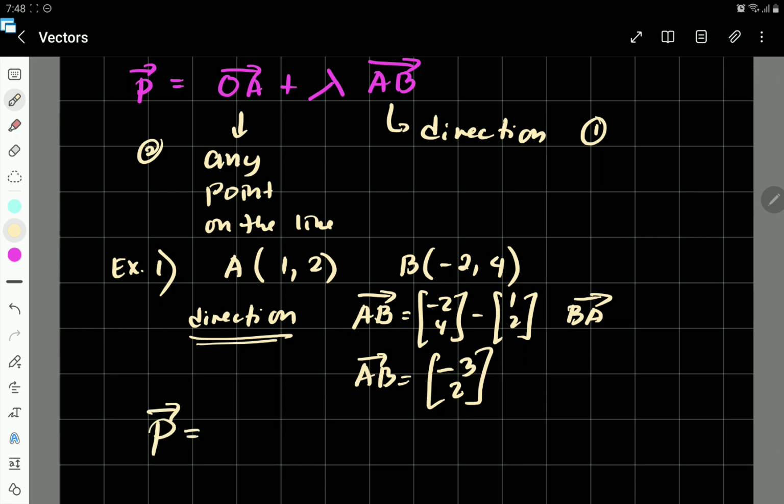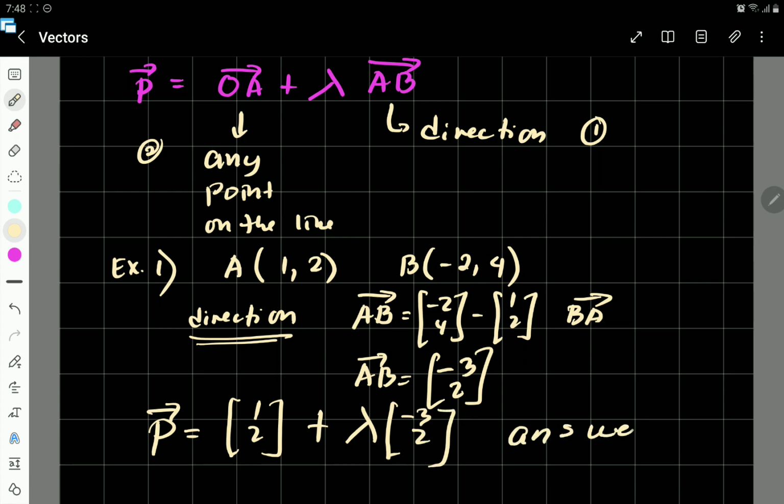Do we know any given point? Yes. There are actually 2 points, 1, 2, and negative 2, 4. So you could have 1, 2 plus lambda times your direction, negative 3, 2. And this is now the answer. That is now the vector equation of a line.